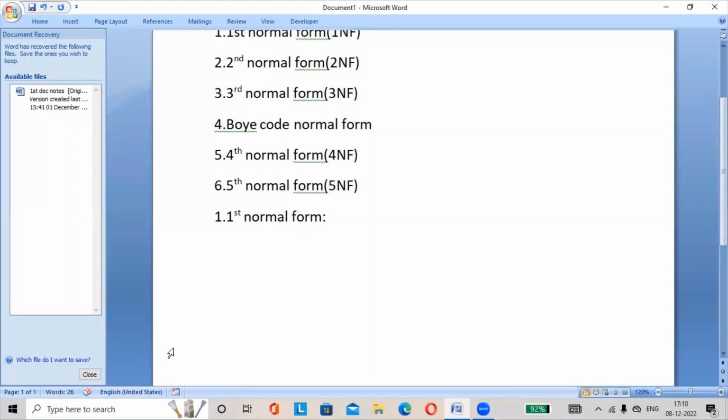Again, I want to extend those columns. I want to add student phone number, address, email ID, so that we can easily add them and should not face any problem. That is the motto of first normal form.